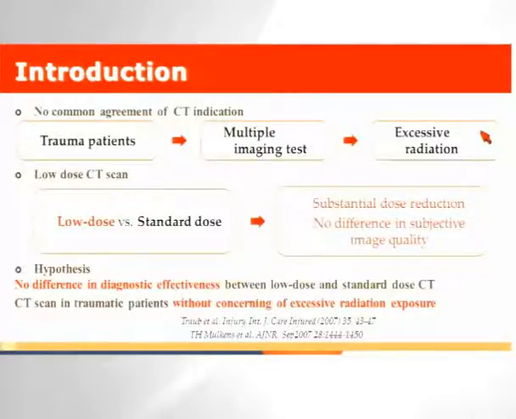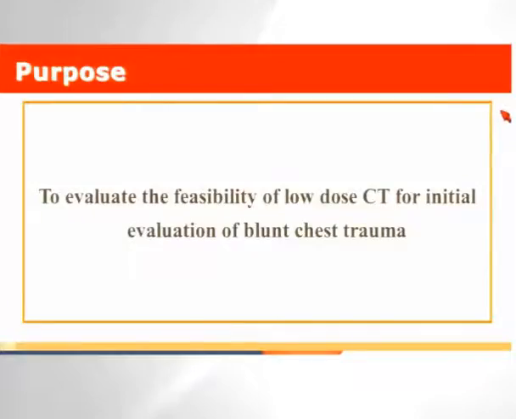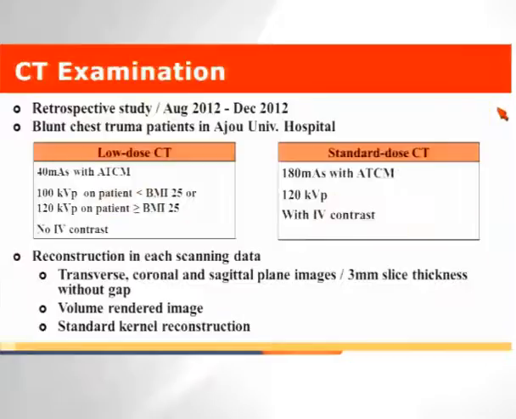So we hypothesized that if there is no difference in diagnostic effectiveness between low-dose and standard dose CT scan, we can use CT scan more in traumatic patients without concern about excessive radiation exposure. The purpose of this study is to evaluate the feasibility of low-dose CT for initial evaluation of blunt chest trauma.